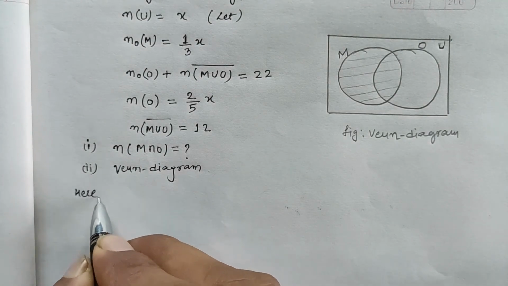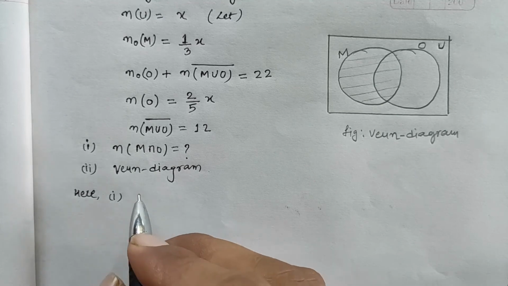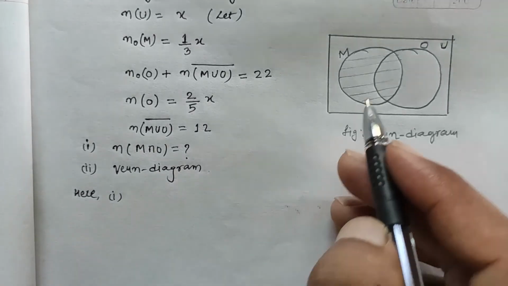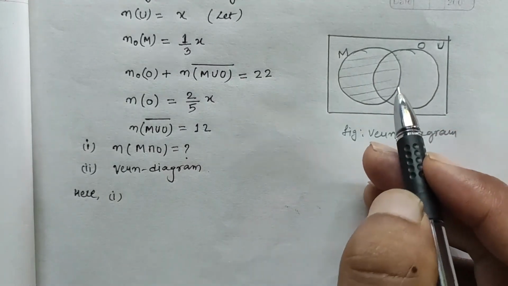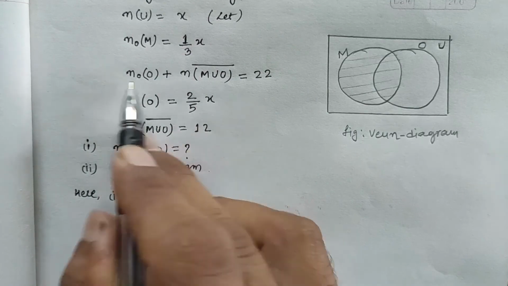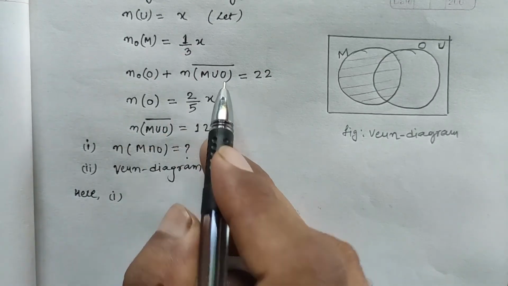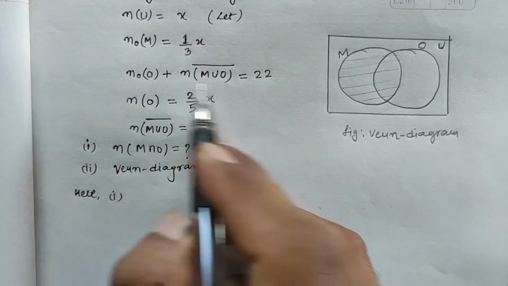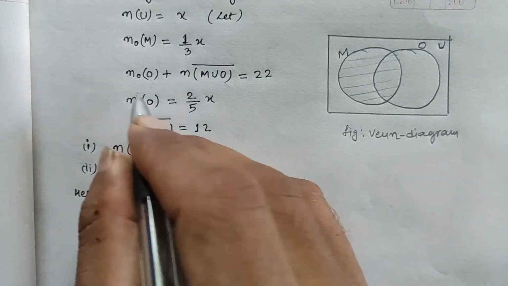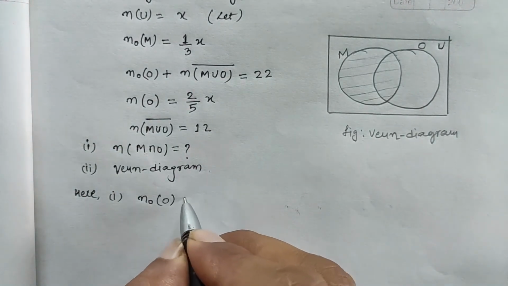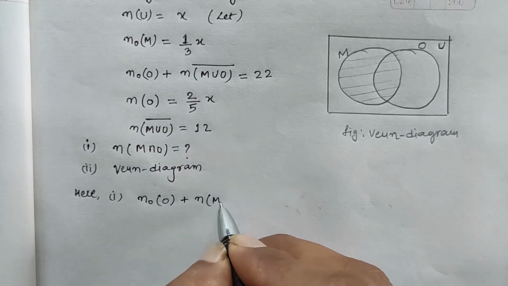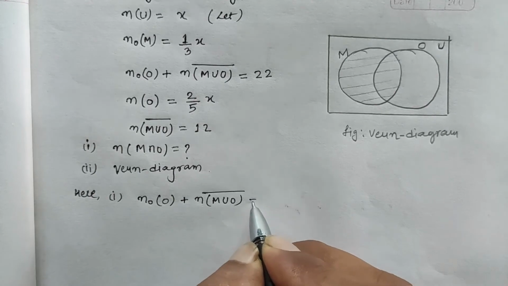If you see in the figure, n only O is given, and we have the complement. So from this we will use n only O plus n((M union O) complement), which is 22.